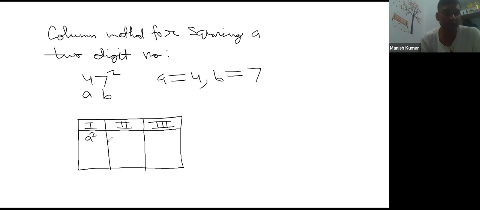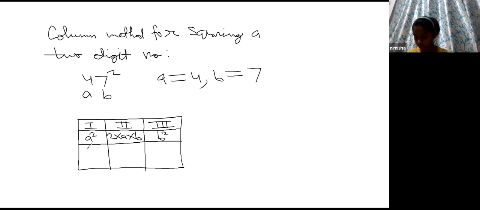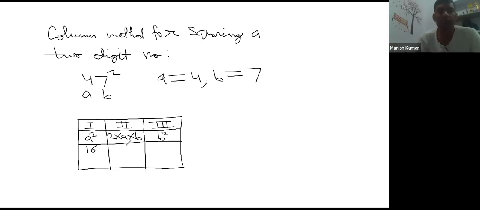This is A square. Column 2 is what? This is 2 into A into B, that is 2AB. And the third one is B square. Now again draw a line like this. Now if we have taken A as 4, then what is the value of A square? 16. So let us write 16. 2AB means 2 into A into B will be what?